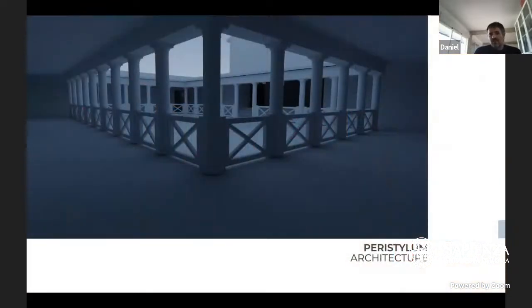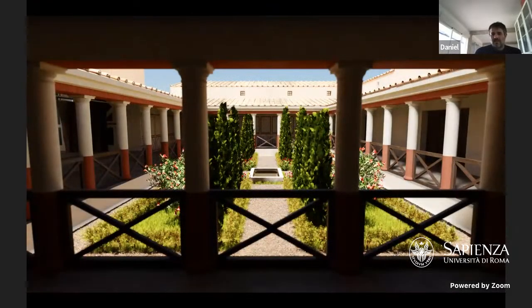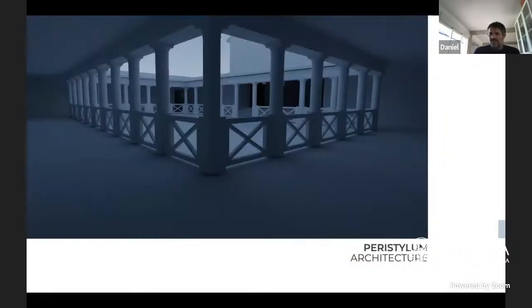And the same goes for this other example, in this case the villa's peristylum. Before the hypothesis, just a few volumes and some light settings, just to try to transmit the same feeling as if we were there.